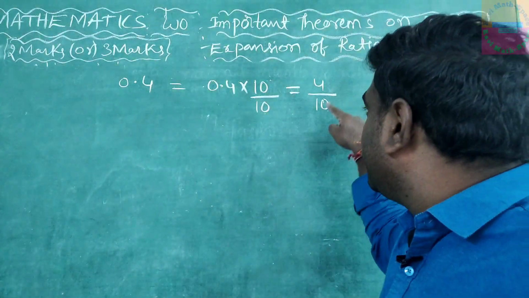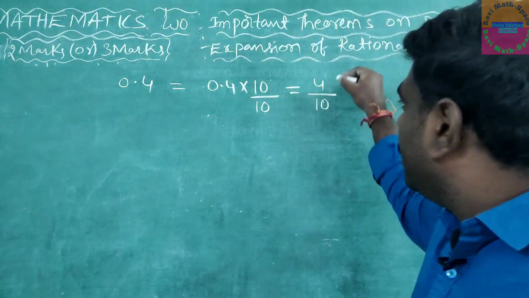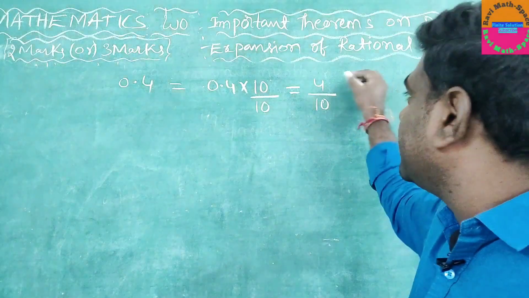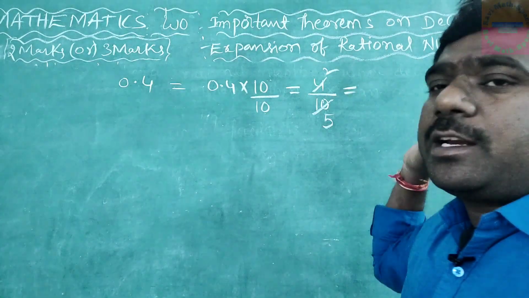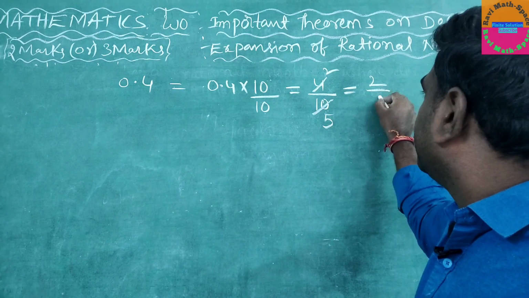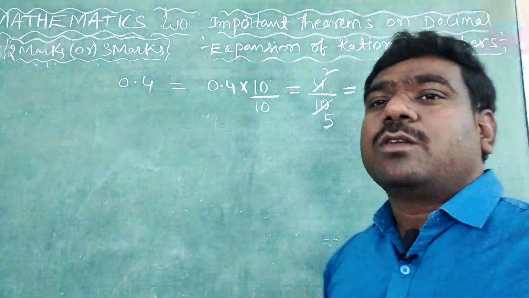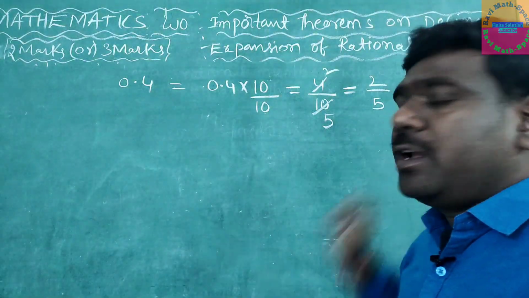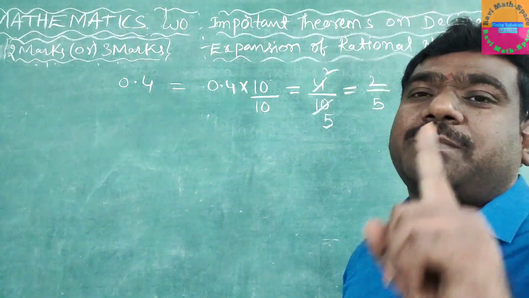That's why 4 and 10 are not coprime numbers. Now divide 4 and 10 by 2 and cancel: 2 2s are 4, 2 5s are 10. We get the answer 2 by 5. Now 2 and 5 are coprime numbers, because 2 and 5 do not have any other factors except 1.